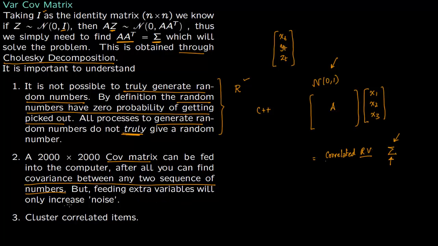But feeding in extra variables is only going to add extra noise, because when you're feeding in more and more variables here, it is getting multiplied by a matrix, and a correlated random variable is nothing but taking these normal random variables in 0 1 and multiplying them with this big matrix A. If you have more and more components in A, you're unnecessarily adding more variables to it, so you're getting more noise.